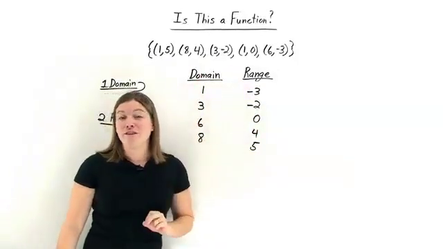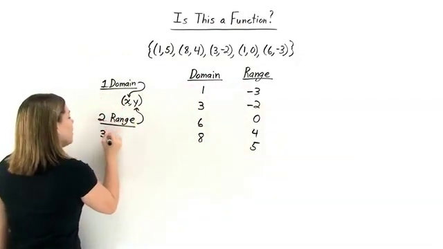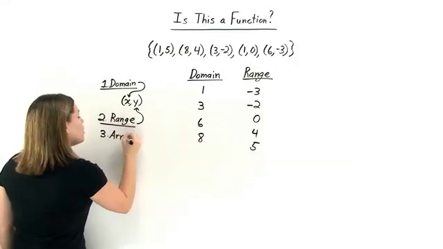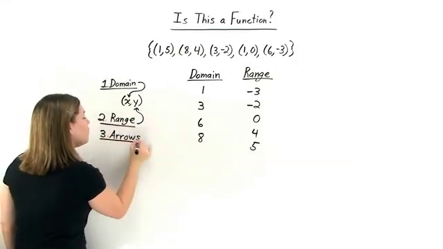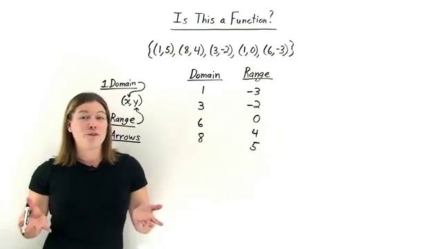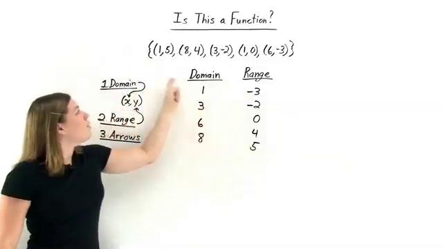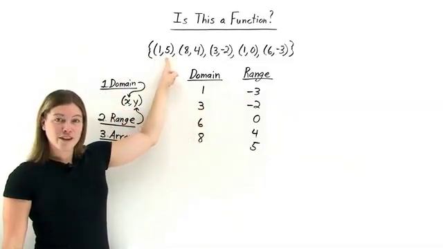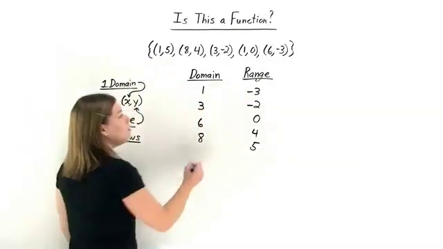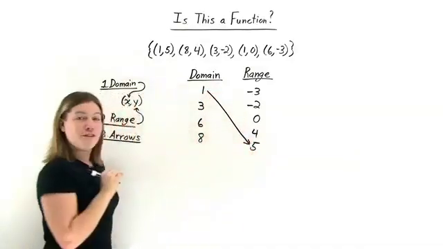That means we're ready to finish up this mapping diagram by identifying the relations. In order to do this, we want to draw arrows from the input values to their matching output values. And to figure out where those arrows will go, we need to look back at the ordered pairs again. Here we have the ordered pair 1, 5. This means that an input value of 1 has been assigned the output value of 5.